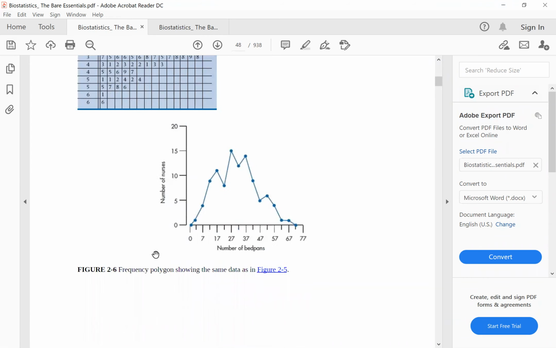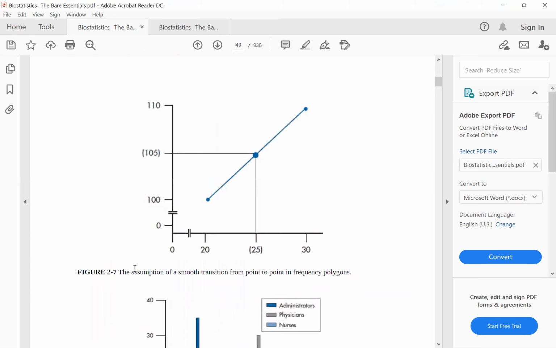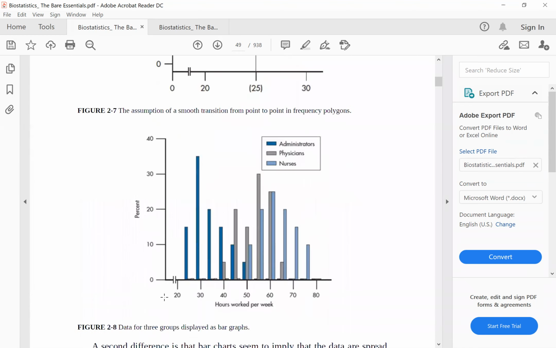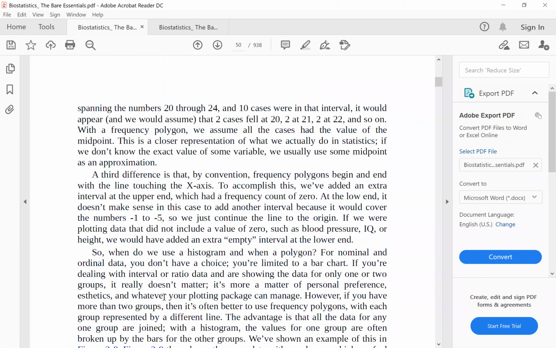This is the stem, this is the leaf. And this picture, it's a frequency polygon. The assumption of smooth transition from point to point in frequency polygons. Data of three groups displayed as bar graphs, and you can see the spaces between each bar.